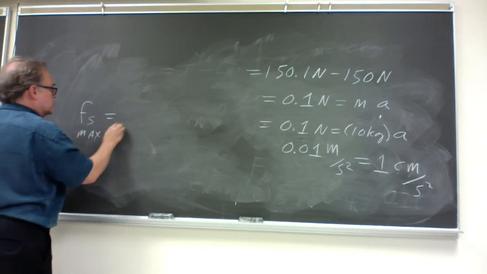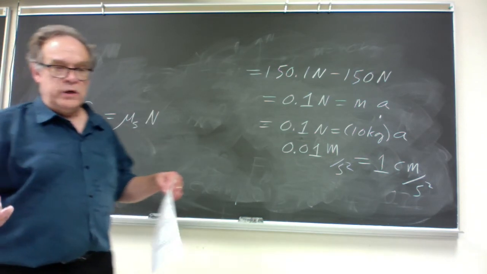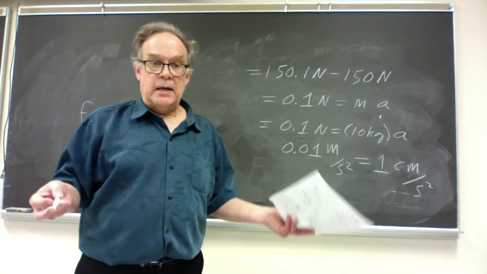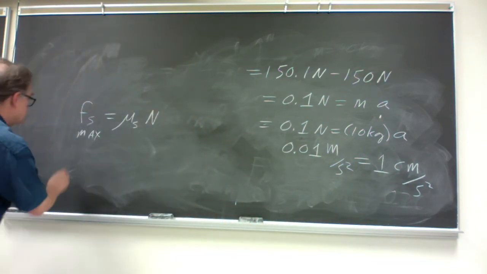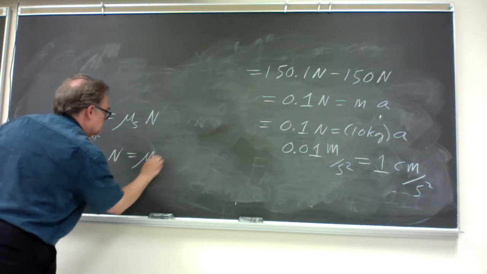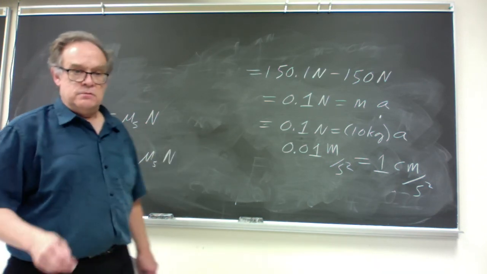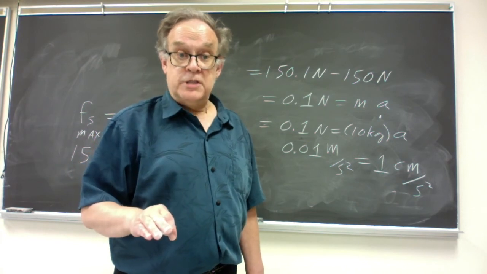Maximum value of static friction is just coefficient of static friction times the normal force. We've just determined that the maximum magnitude for static friction is 150 newtons. And that's for a crate that has a mass of 10 kilograms.